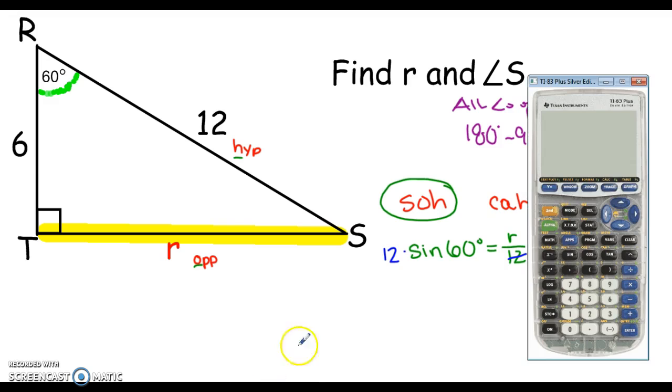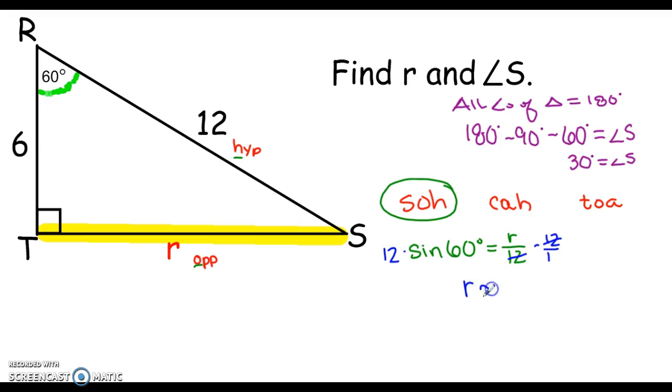So we need to grab our calculators, and I'm going to make sure mine's in the right mode, which it is. So I could take 12 times the sine of 60 degrees. And it's about 10.4. So r is approximately 10.4.